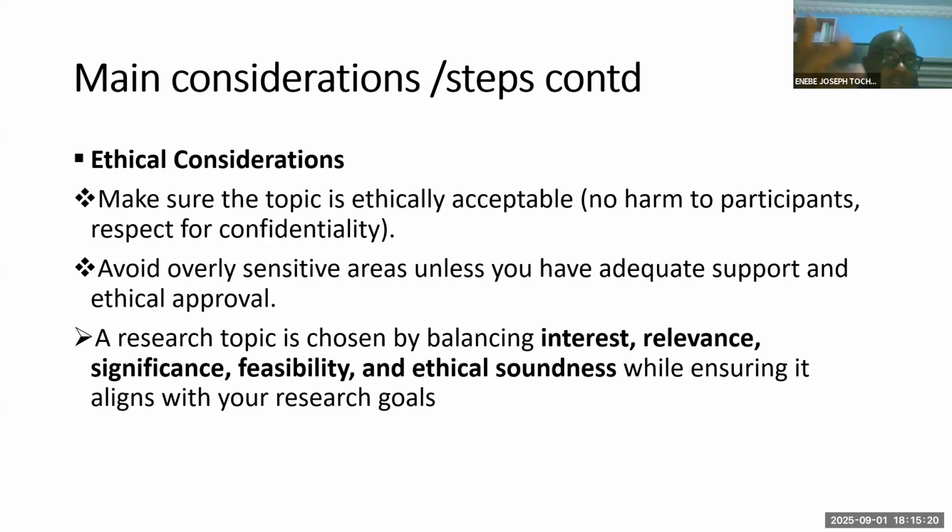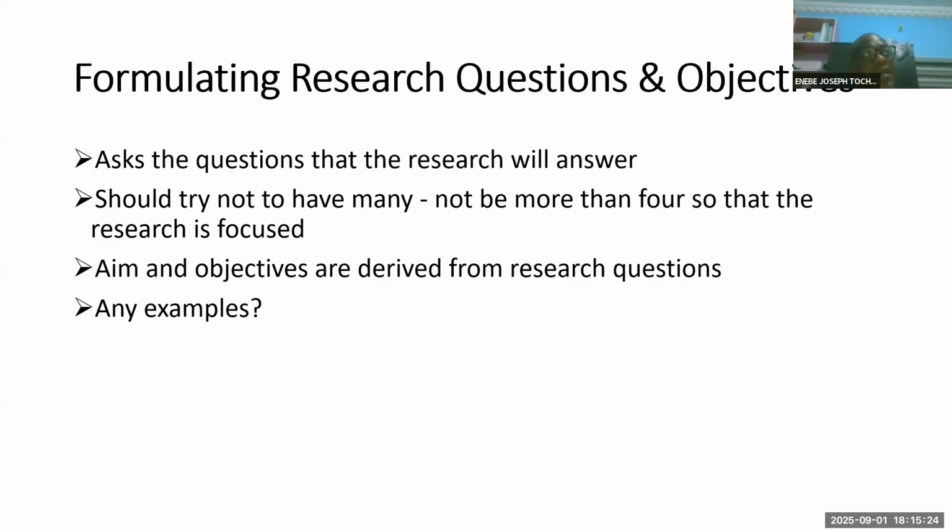I'm sure we are already thinking towards this, and sometimes you see people say, let me finish my part 2 first before I start being choosy. Well, you may be fast enough, but at the end of the day, when you come back, you find out that you have not moved a step. So the earlier you start developing interest in research and the direction you want to go, the better.